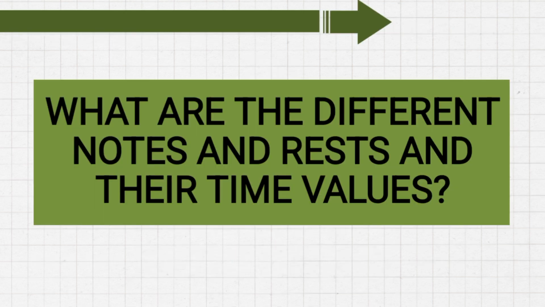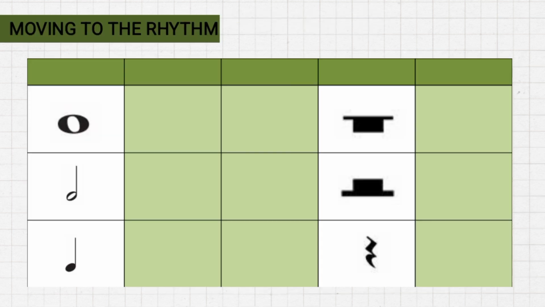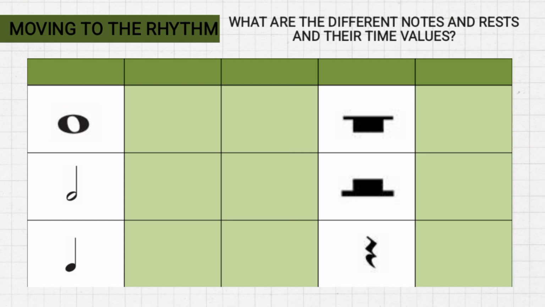Next, what are the different notes and rests and their time values? Here you have the notes, name, beat value, rest, and the name of the rest.